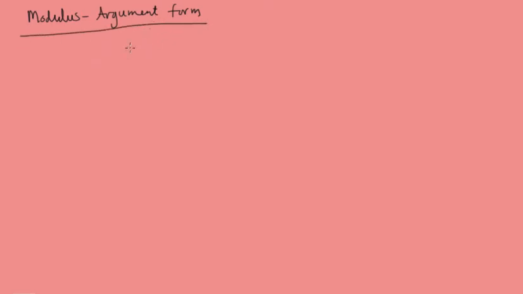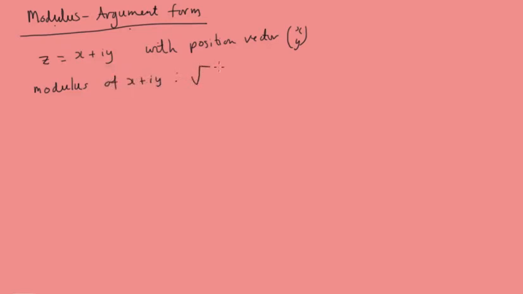So to begin with, we need to define what is the modulus and what is the argument of a complex number. So let's say we have z equals x plus iy with position vector (x, y), then the modulus of x plus iy is going to be the square root of x squared plus y squared, just what we were doing with our vectors.